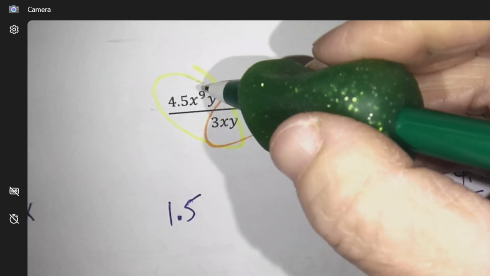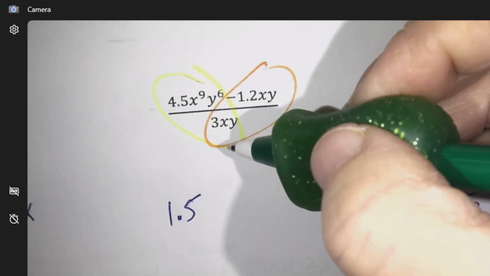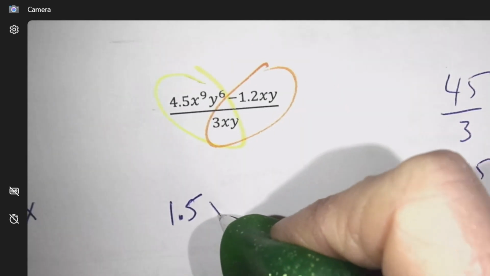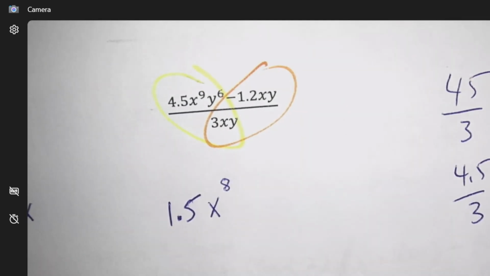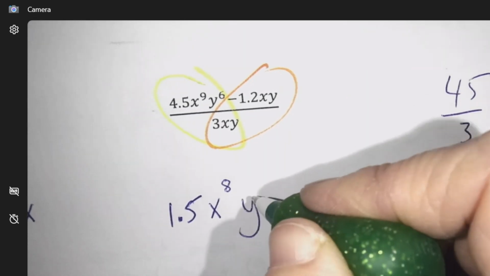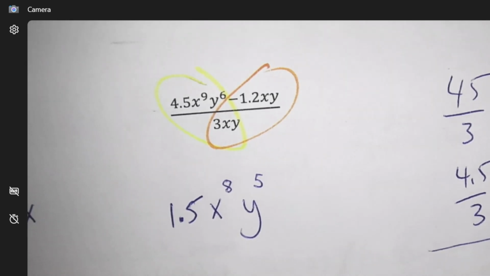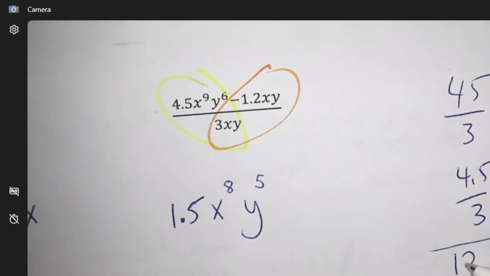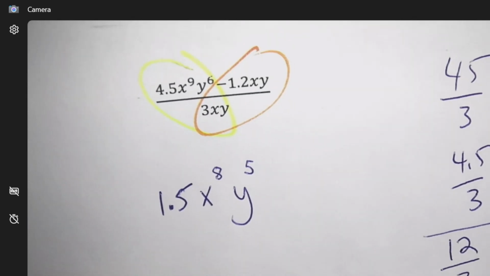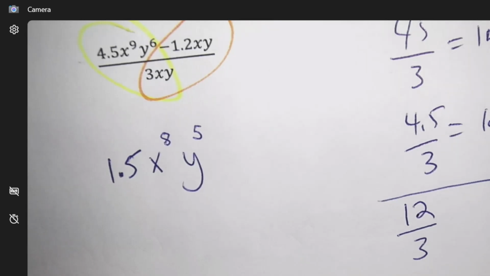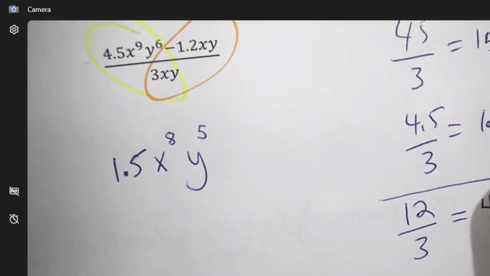So there was an x9 on top and an x on the bottom. So did you write x8? And a y5. Okay. And again with decimals, maybe I don't recognize 1.2, but can you easily do 12 divided by 3? 4.